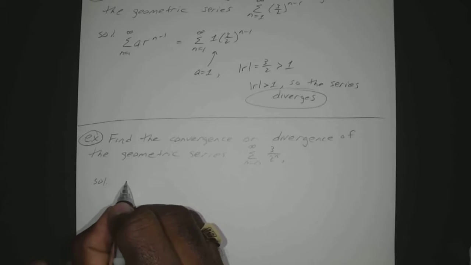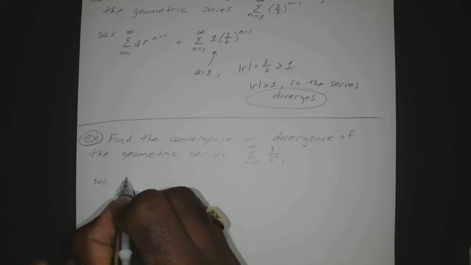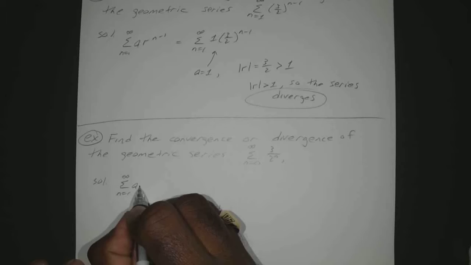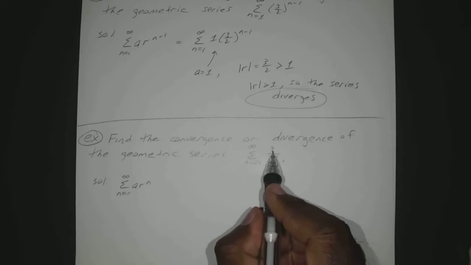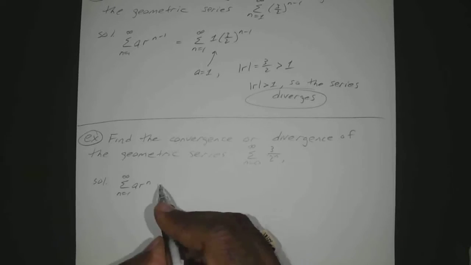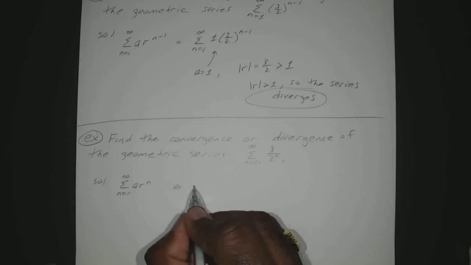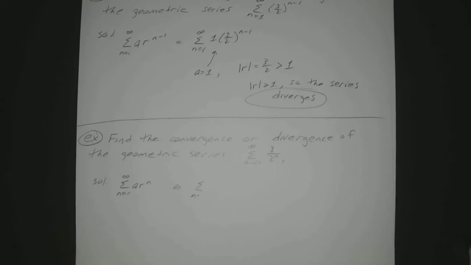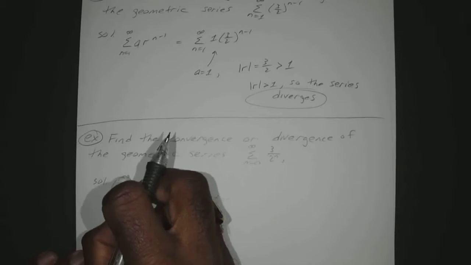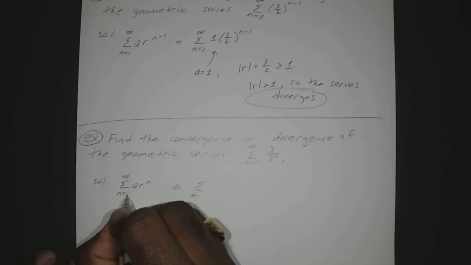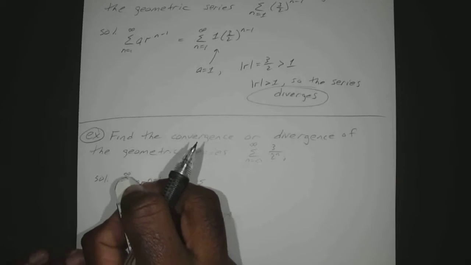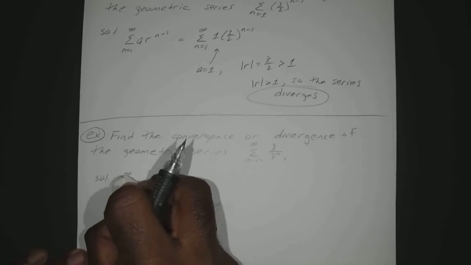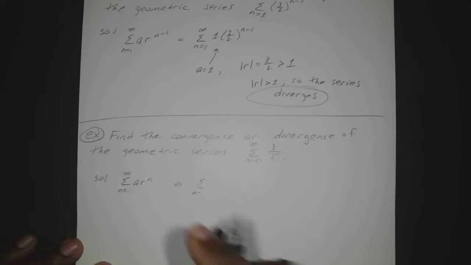Okay, so you want to put it in the form of a times r to the power of n. So what we can do is we can bring that 3 down to the front. Well, actually you can make it to the n minus 1. Nope, that's 1 to the n minus 1. 0 is just to the n. So that was right.